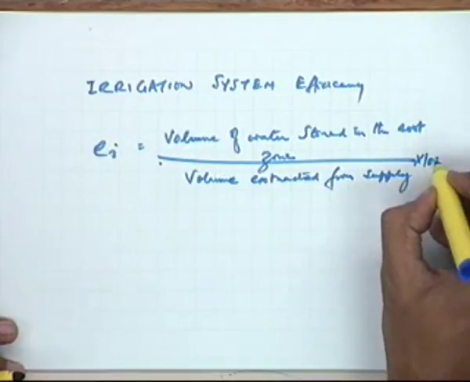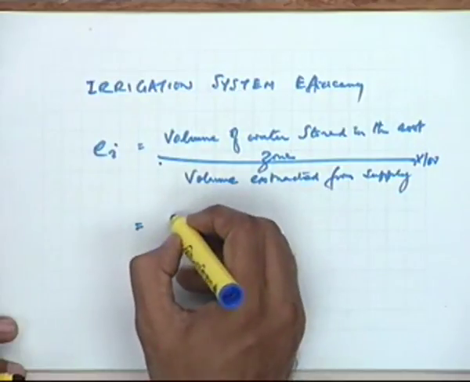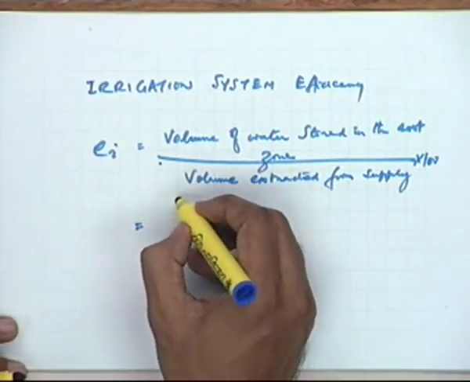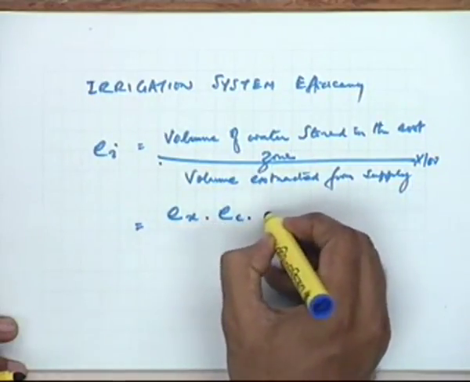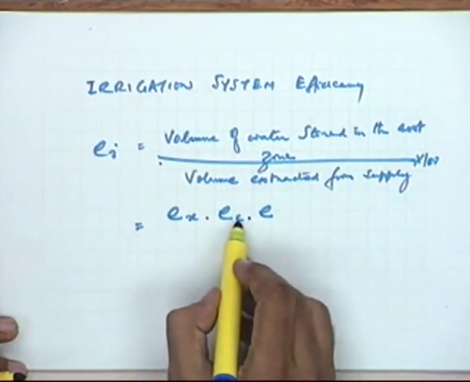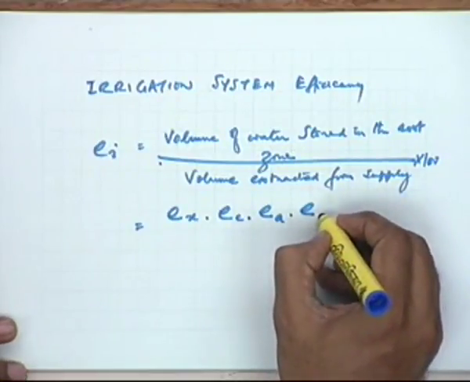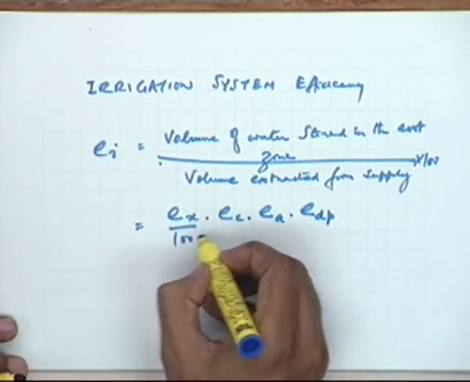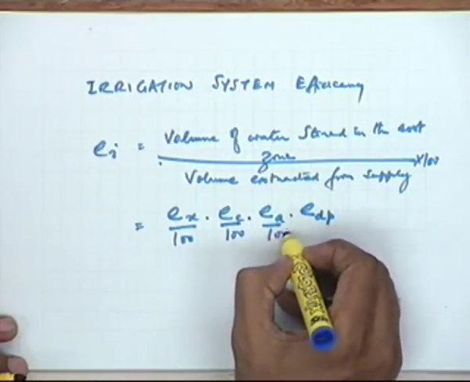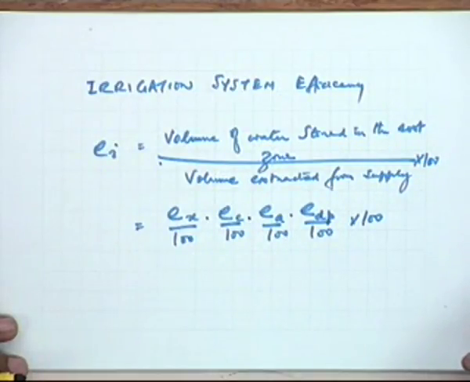This ratio, in other words, is what you get if you combine all the efficiencies: the extraction efficiency, conveyance efficiency, application efficiency, and the distribution pattern efficiency. Since these are in percentages, you can bring them into fractions, multiply them, and multiply by 100. That will be your irrigation system efficiency.